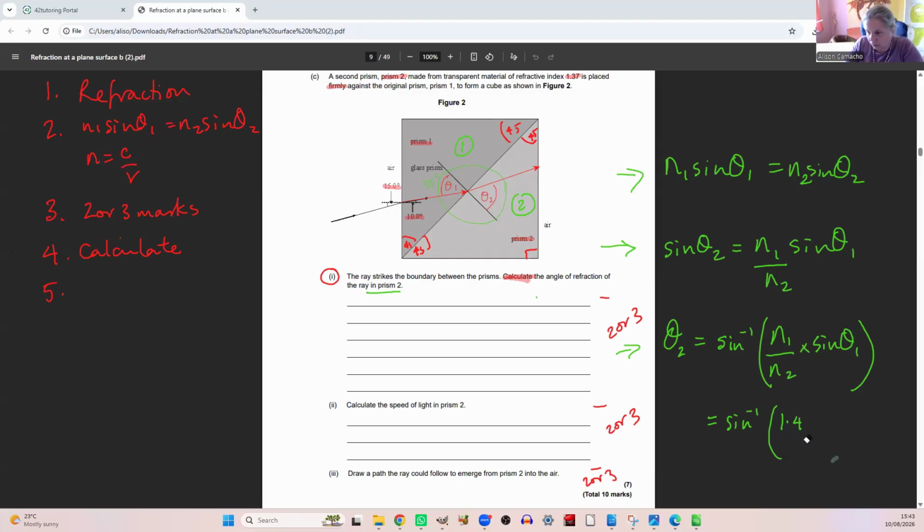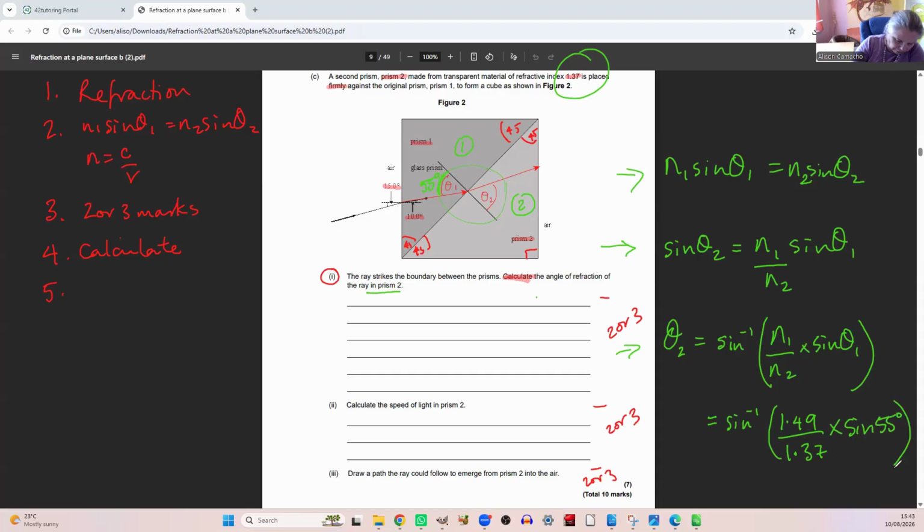I don't know what it's doing, it's messing me about. Right, so 1.49. n2 is the refractive index of material 2, which is 1.37. And we're going to multiply that by sine of theta 1, which is 55 degrees from our previous page.